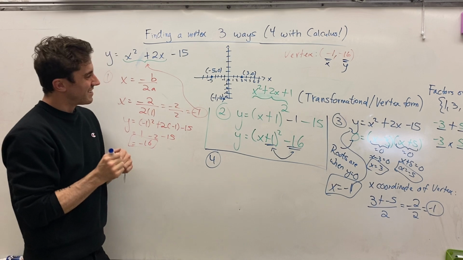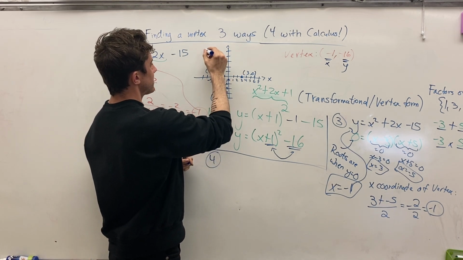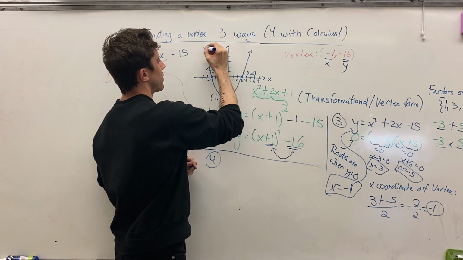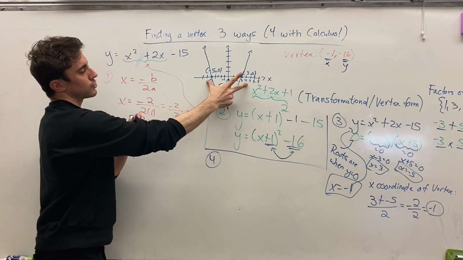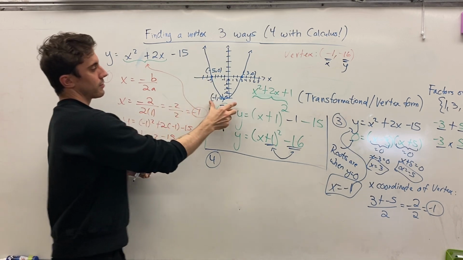So if we go ahead and graph this, we're going to have something like that. That's a rough sketch of our function. We have our vertex down at the bottom, we have our two roots, and then we have a perfectly symmetrical function about the vertex, right?